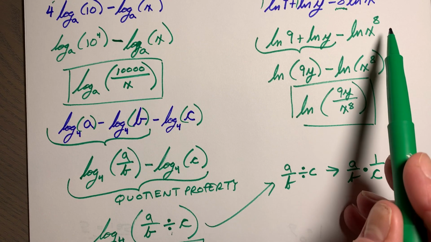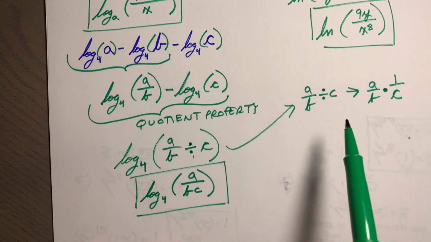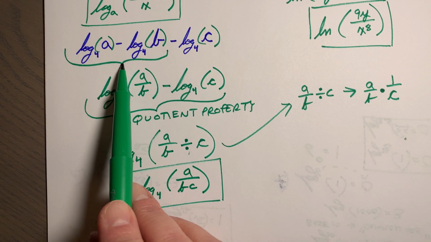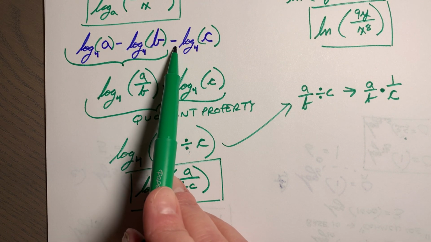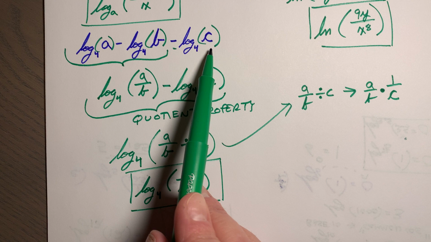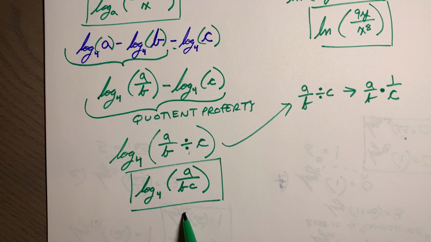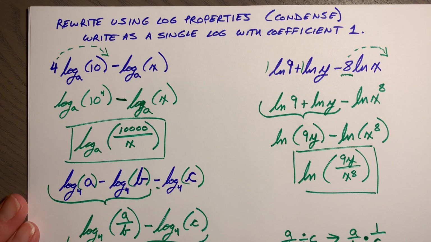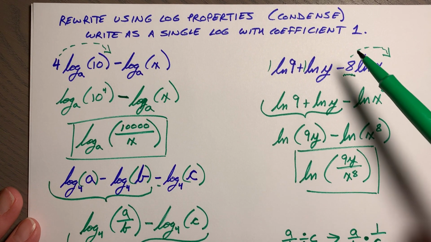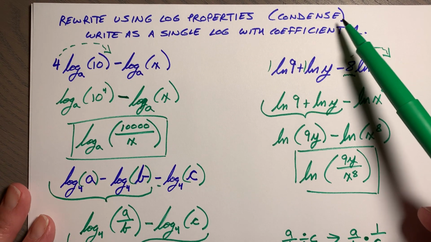The minus, the subtraction, is going to be in the denominator. Right? In this expression, we had 2 that we were subtracting. We were subtracting log base 4b. We were subtracting log base 4c. Both of these, the b and the c, will end up in the denominator. Okay, great. So we have rewritten using our log properties and in the direction of condensing.